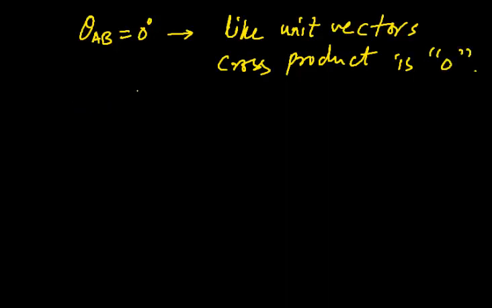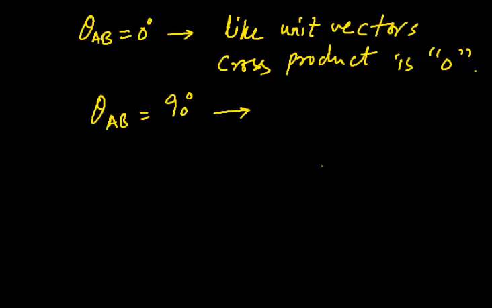But if it is unlike, then since the unlike unit vectors have an angle of 90 degrees between them, this gives us a different unit vector.